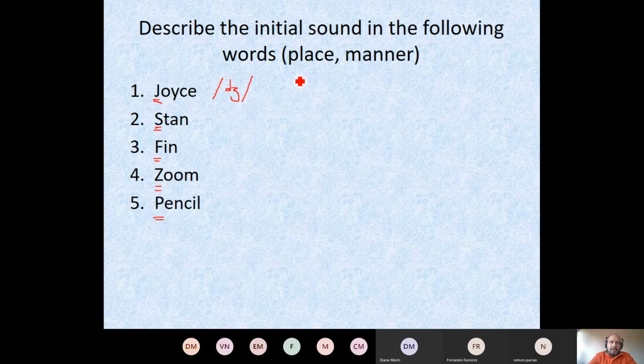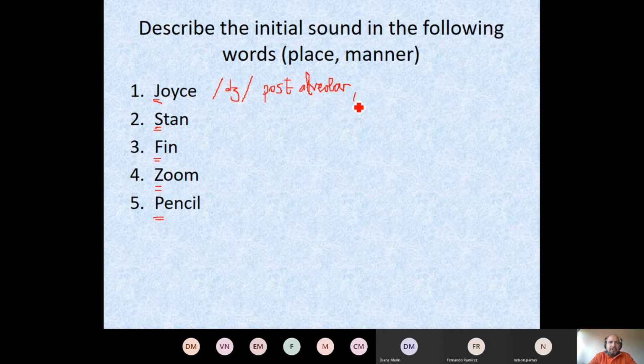J. So in terms of place, it should be post-alveolar, right? Or you can keep it as a palatal. If you want to be more specific, you can call it post-alveolar or palatal alveolar.